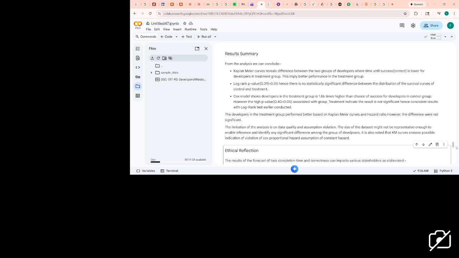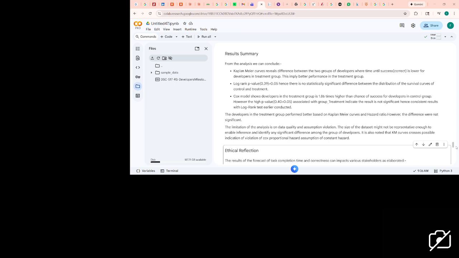And the t-test, the log rank and Cox model show a consistent result, and that there is a difference. They are telling us that the difference is not significant.